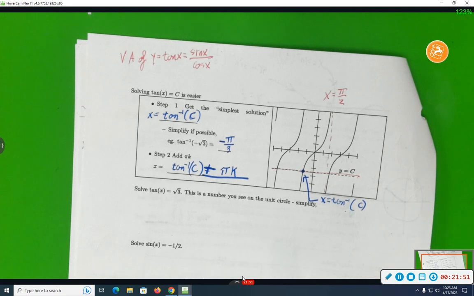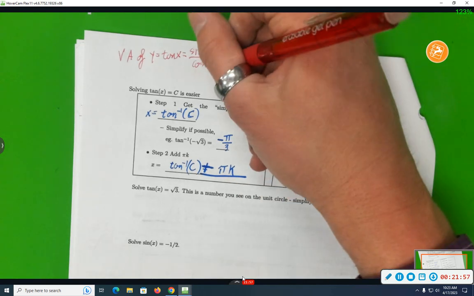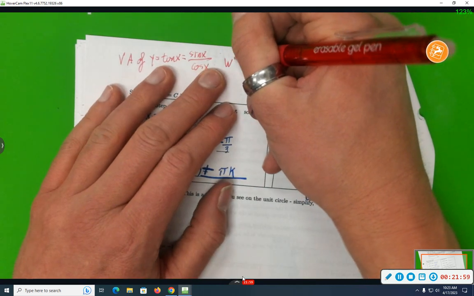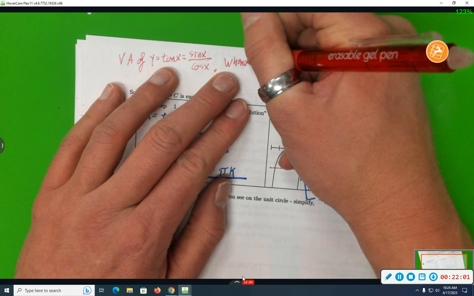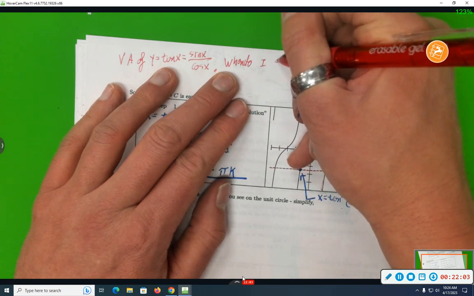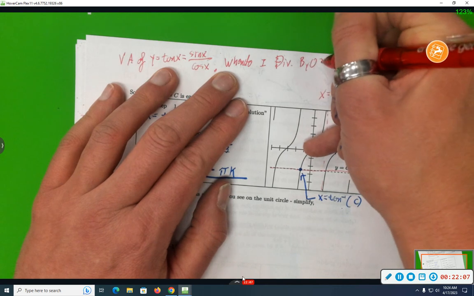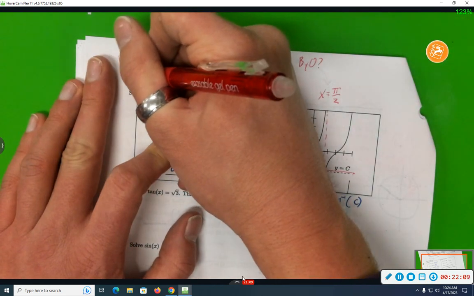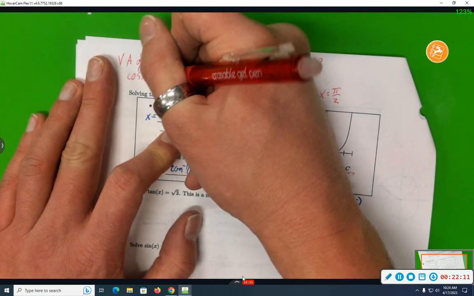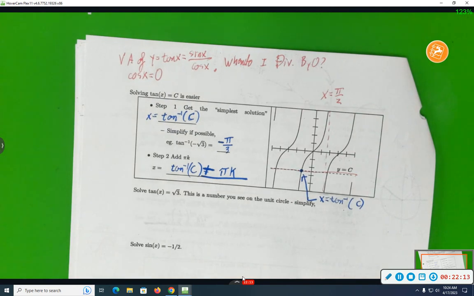So to get the vertical asymptote of this, I want to know when do I divide by 0. So I guess that means I need to know when is cosine of x equal to 0. And maybe by going back to your unit circle, what's the simplest angle you see where cosine is equal to 0?